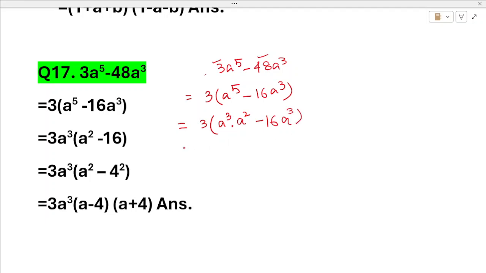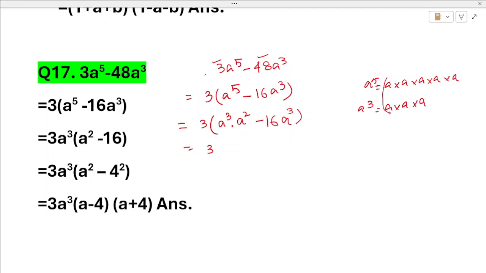Okay. Now you can see we can take common what? A to the power 3. This term we can take common because a to the power 5 can be, as I told in my earlier chapter, a to the power 5 like this, correct, and a to the power cube as a into a.